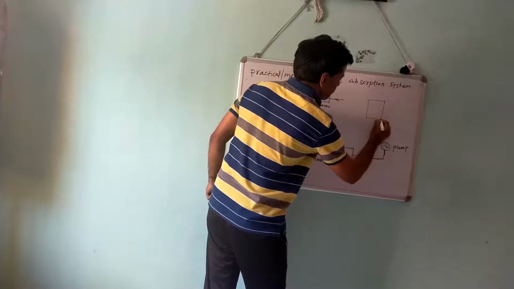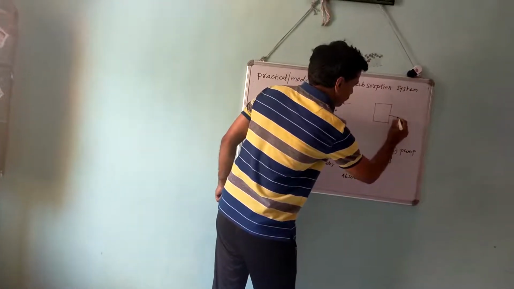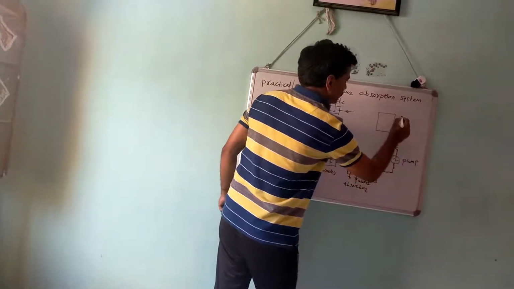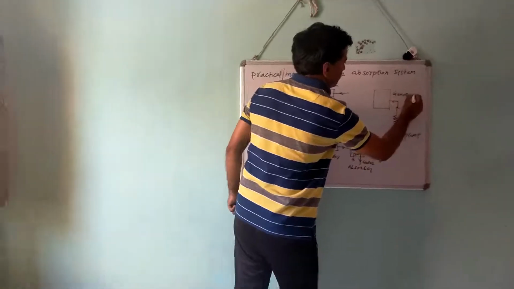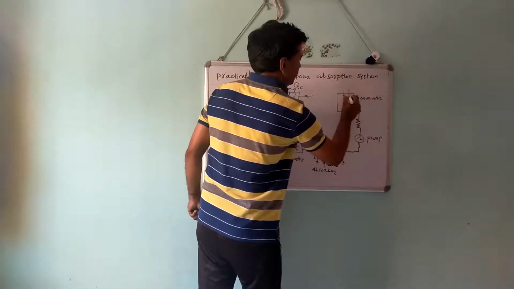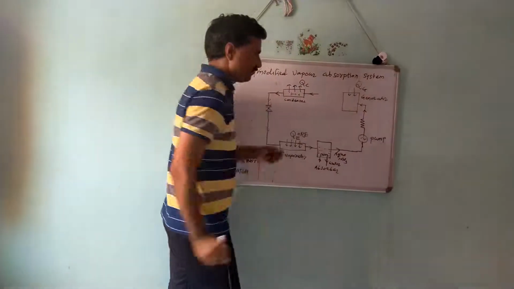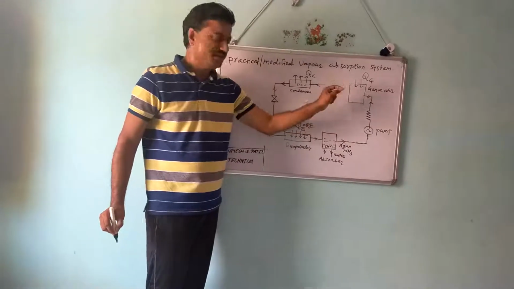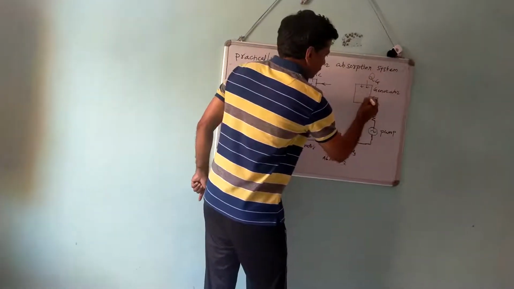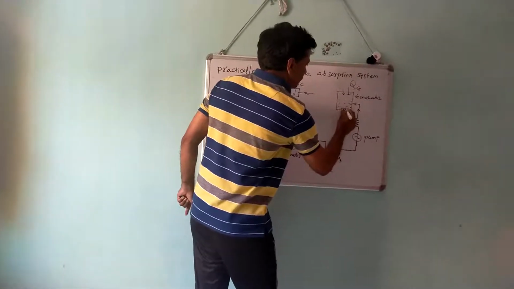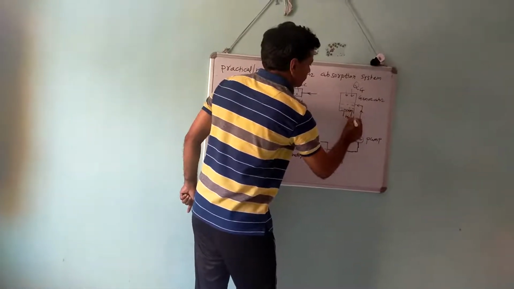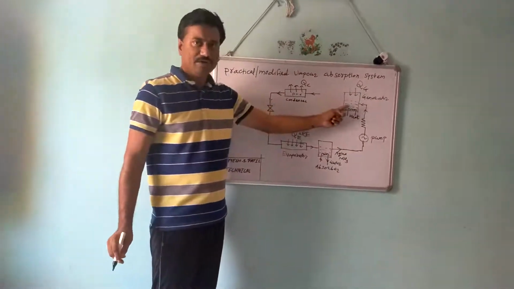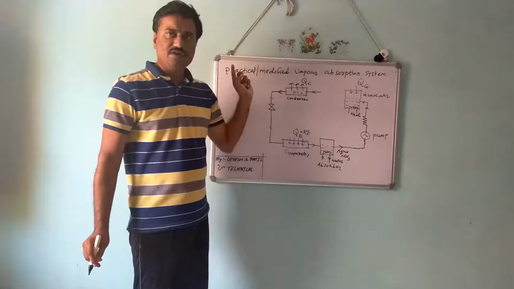Here heat is added in the generator. This strong solution of aqua ammonia is pumped into the generator, and here heat is added, and due to the addition of heat, ammonia will evaporate. It will separate and it is carried to the condenser.